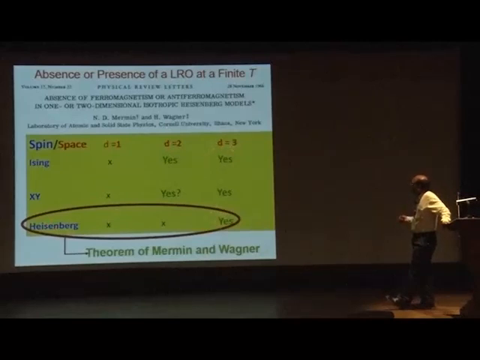If the space dimensionality is 2 or 1, and you are dealing with Heisenberg spins with short-range exchange interaction, there cannot be any long-range magnetic ordering. Similarly, for Ising spins, we can have ordering for d equal to 2 or d equal to 3. For XY, obviously, for d equal to 3 we can have it.